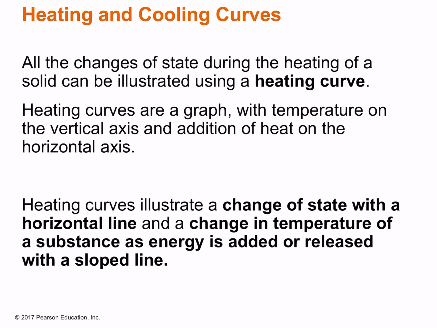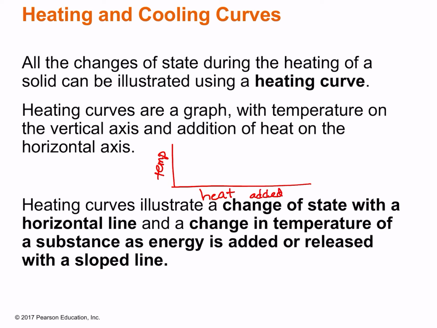All of the changes of state during the heating of a solid can be illustrated using a heating curve. Heating curves are graphs. They have temperature on the vertical axis, so temperature will always go on this side, and on the bottom will always be something like heat added.